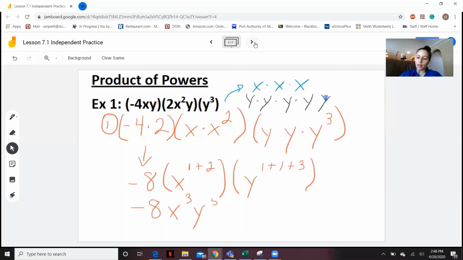When you count them all up, you would have x to the 3 and y to the 5th. That example should be able to get you through all of the similar examples that involve multiplication where you're being asked to use the product of powers.